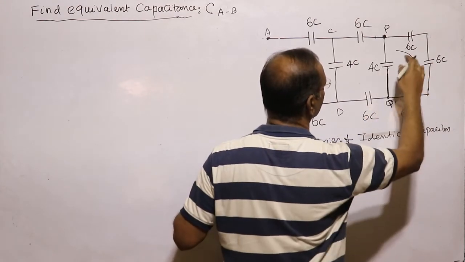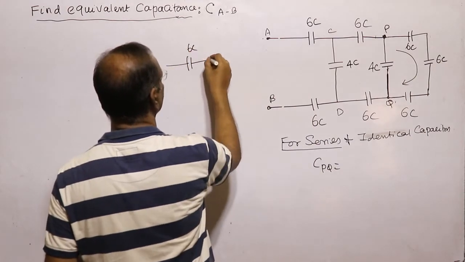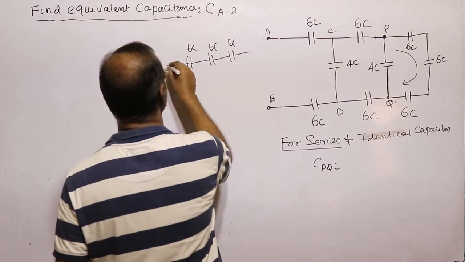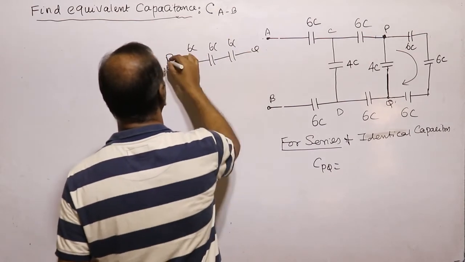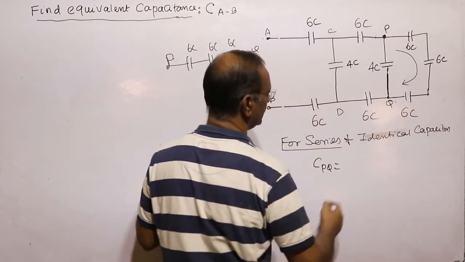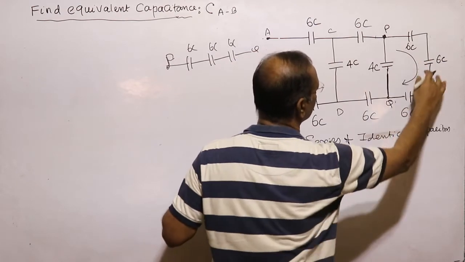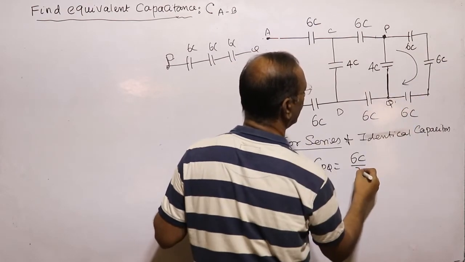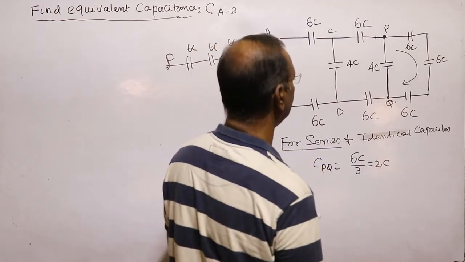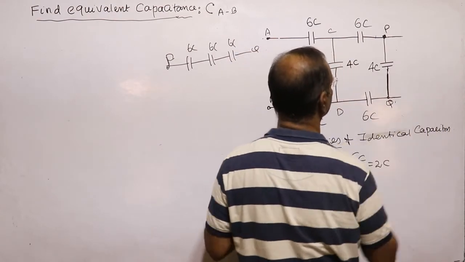Take any one of these capacitors, because this is 6C and 6C, between P and Q. So in this series portion, take any one of the capacitors, 6C, divided by the number of capacitors, 1, 2, 3, which is equal to 2C. So between P and Q, we can reduce this to 2C.